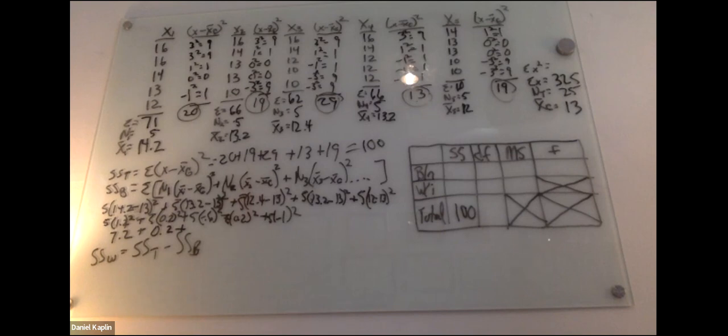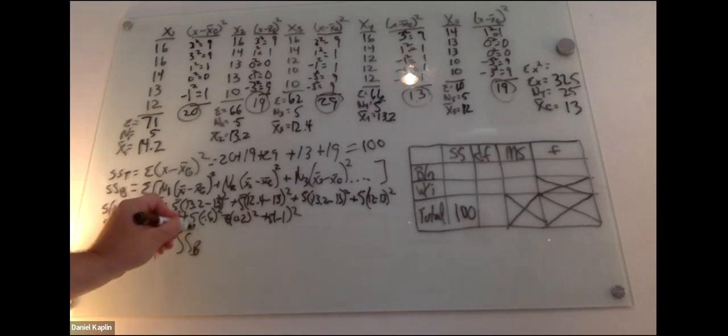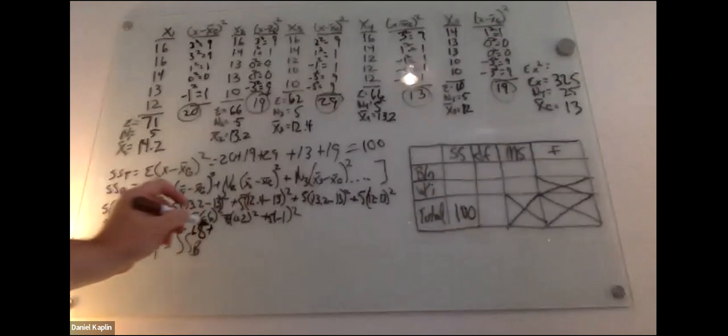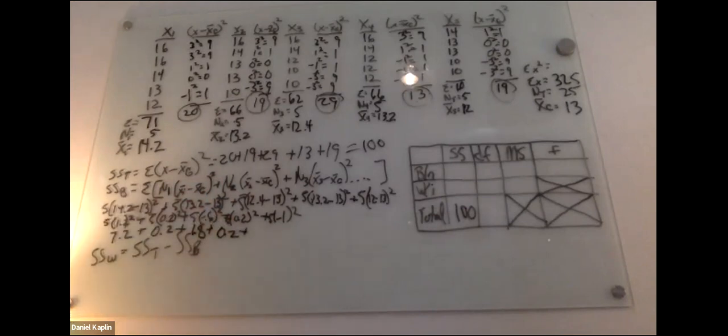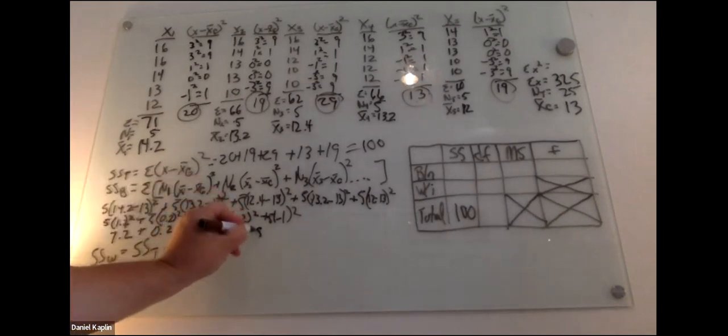You are going to get 1.8, plus 0.2 squared times 5, which is going to get again 0.2, plus negative 1 squared, which is 1 times 5 is 5.